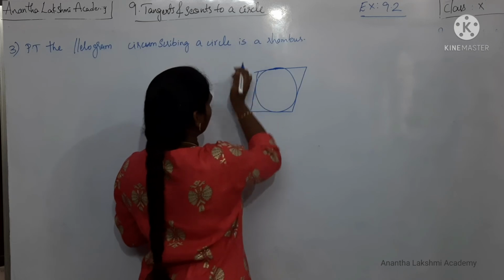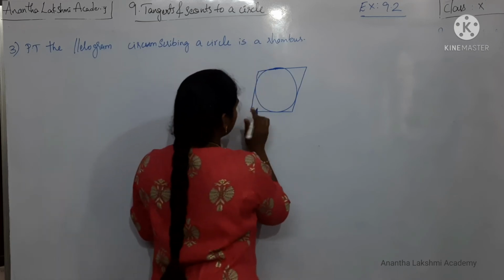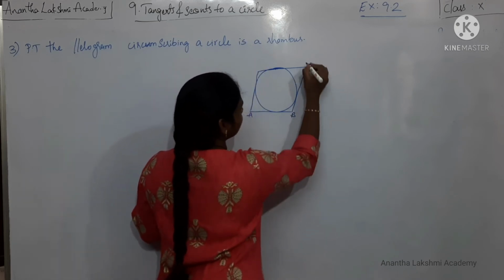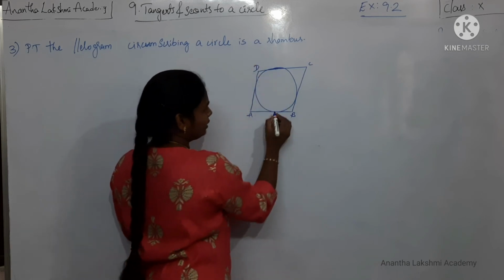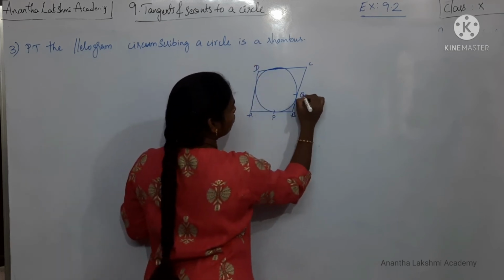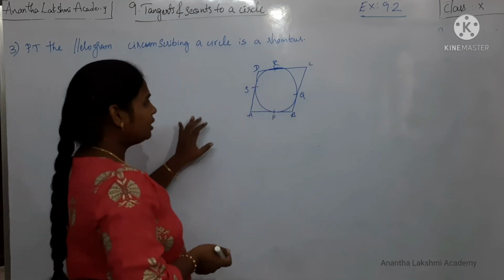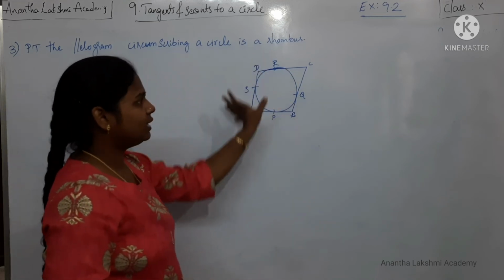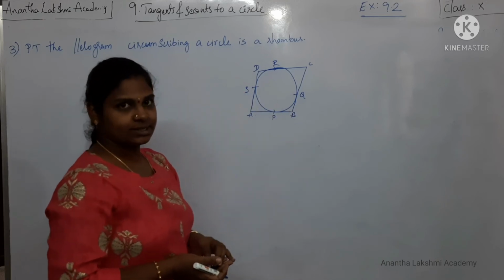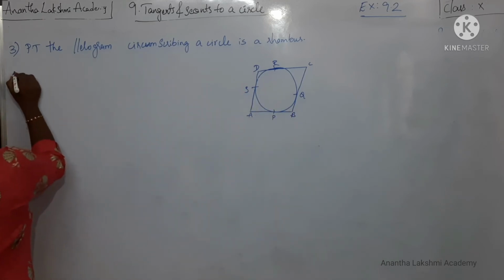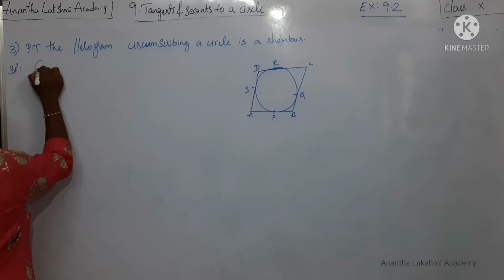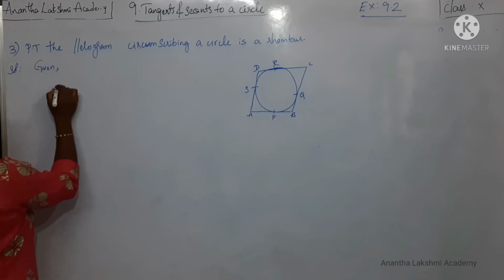Okay. Now let me call this as A, B, C, D be the parallelogram, P, Q, R, S be the point of contacts. Now a circle is circumscribed by a parallelogram. We have to prove that this is a rhombus. Okay. Let us look at the solution. Let me write the given part first.